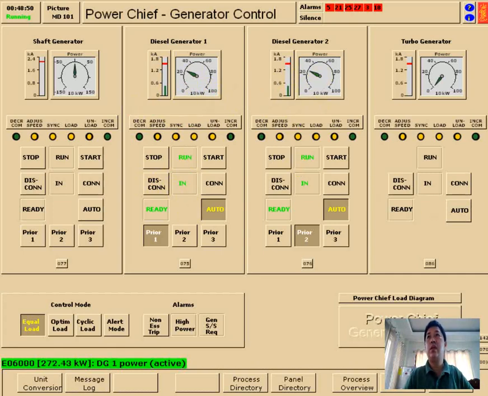So that is the automatic starting and automatic stopping of the prime mover, as well as automatic synchronizing and automatic load sharing. So that is the explanation of the generator and distribution system automatic control.